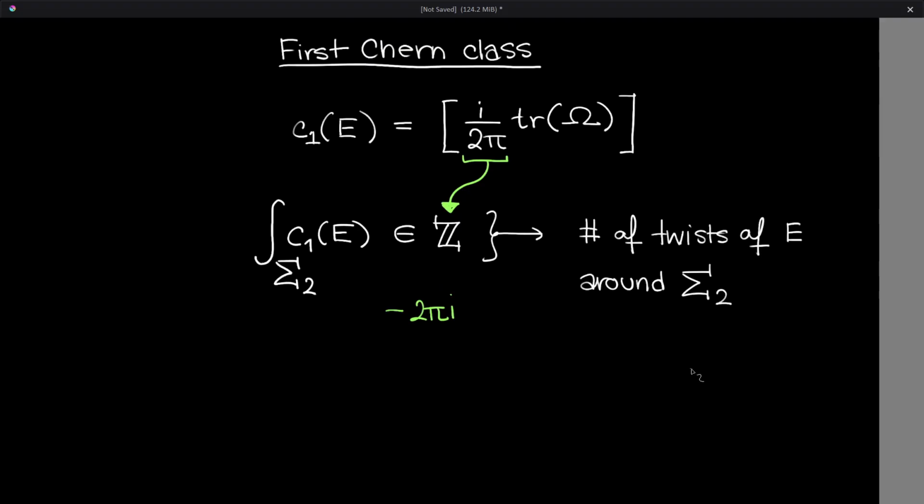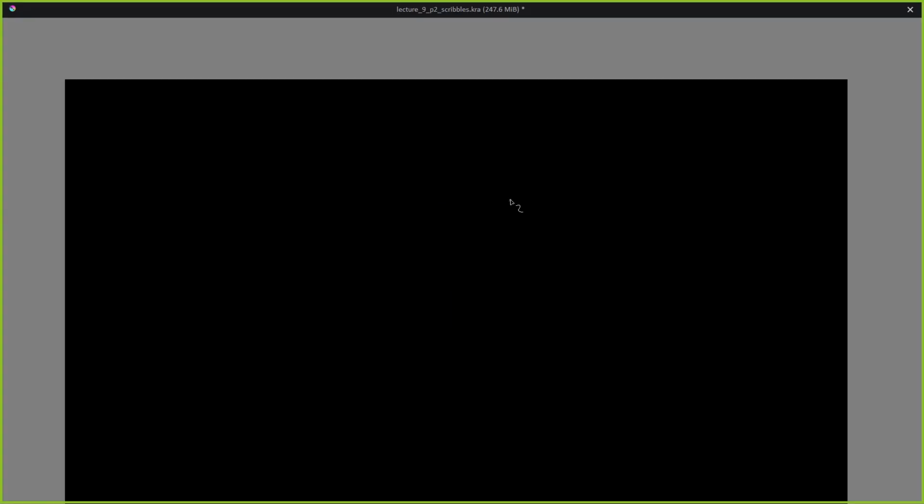So that is the first Chern class. So now we're going to talk about some properties. We're going to end now on talking about some of the things that make the first Chern class special. So some special properties.